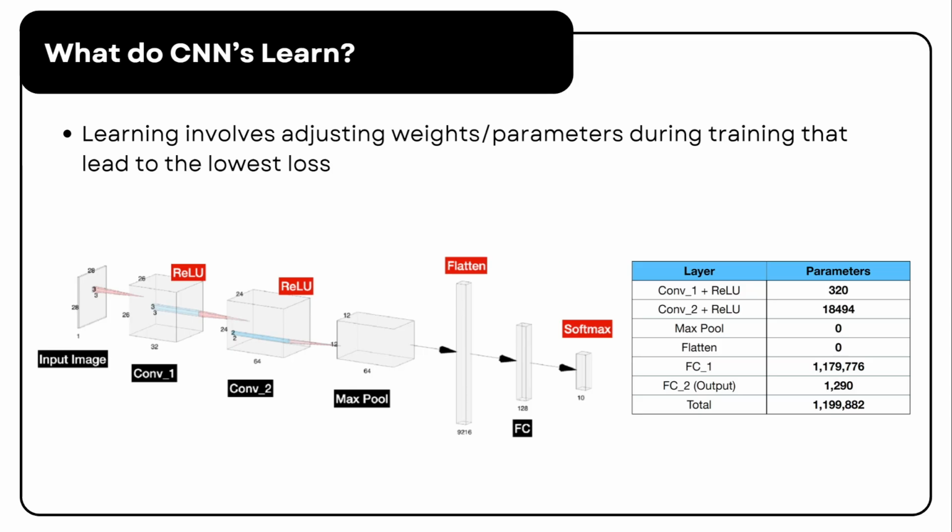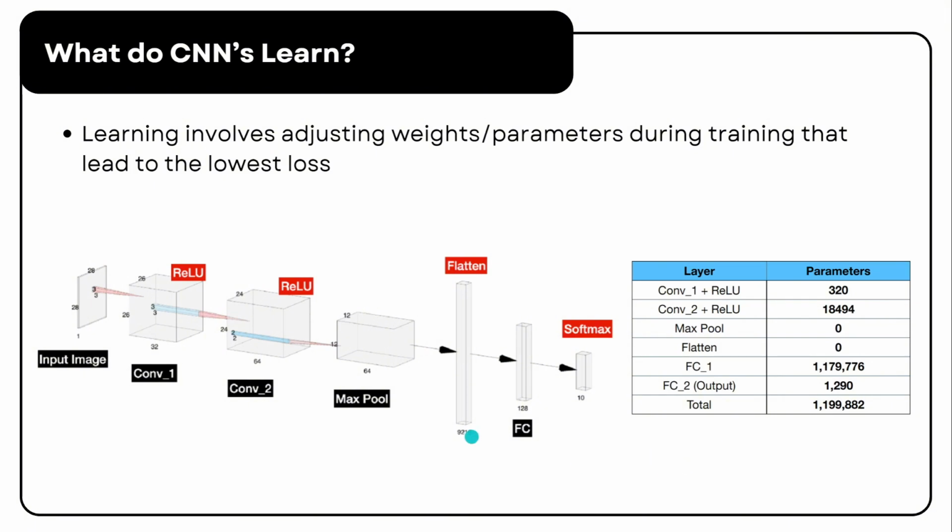And we have a significant 1.18 million in the first fully connected layer, and altogether that's about 1.2 million parameters being tuned to help the network correctly classify the input image.